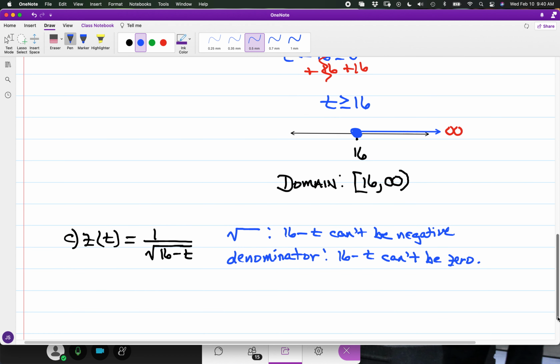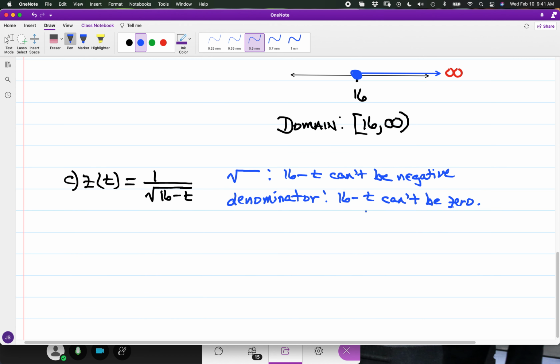So to get the entire domain for this function, we must have 16 minus t be positive. Out of your categories, if it can't be 0 and can't be negative, the only remaining category is for 16 minus t to be positive.